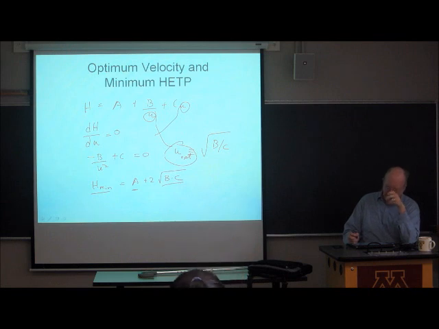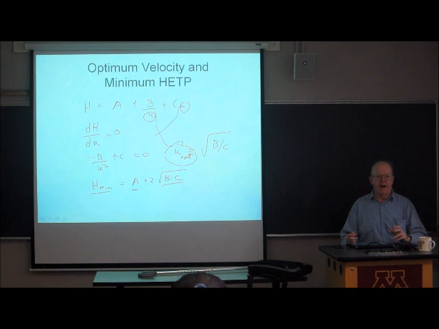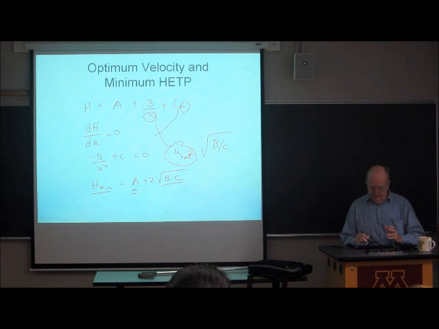Since we want the minimum plate height to be small, because the smaller we can make the minimum plate height, the more plates we're going to have on a column of a given length, we obviously want to work with columns with small A values, small B values, and small C values.